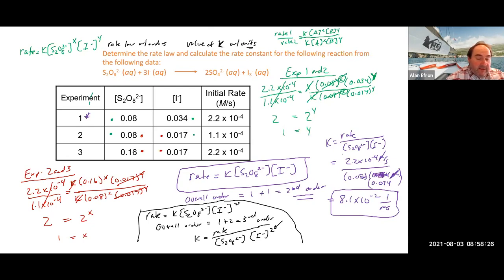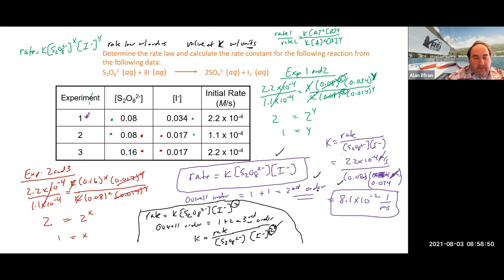But just to illustrate, sometimes people ask what happens if you do have an order that's not one. You do put it in there. It will affect the overall order, and it will also affect the value of the rate constant because it needs to be carried down as well. Any questions on that? Again, just to be clear, these are the right answers for this particular problem.